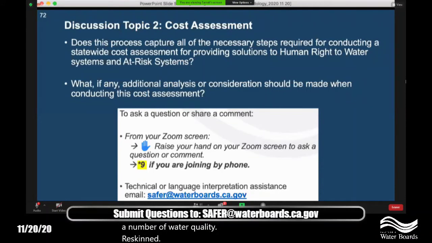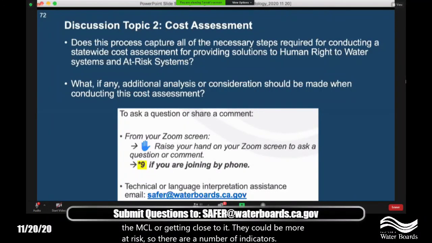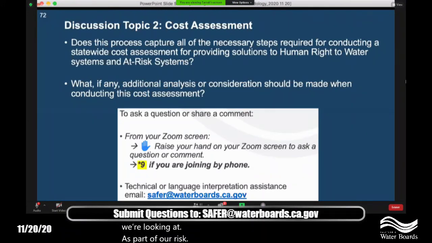If we have a system where water quality trends are at 80% or above the MCL and trending upwards, that would indicate risk. If we see that the percentage of sources above the MCL is getting close to it, they could be more at risk. There are a number of indicators that we're looking at as part of our risk assessment that could get that system on our at-risk list, which would then bump them up higher in terms of eligibility, potentially for technical assistance and funding through the SAFER program. I hope that answers your question.